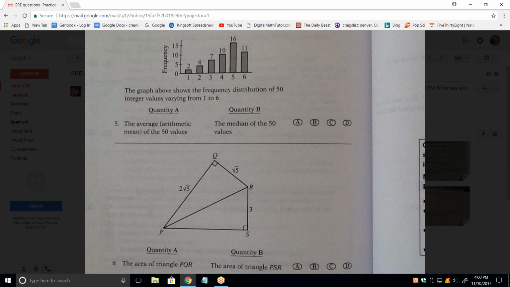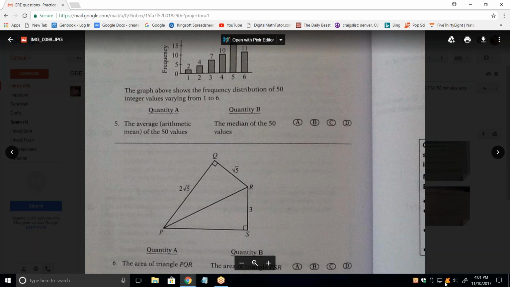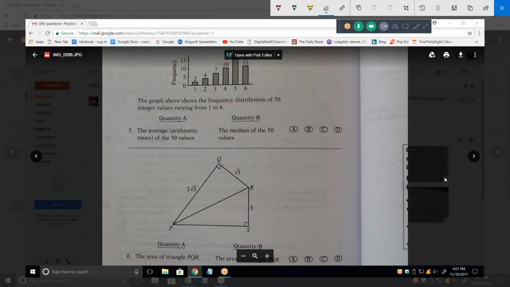Now, different story, if they said your life depends on this problem and this problem alone, then I would do all the math. I would figure out what PR is. Oh, that's the way to do it. Before I go, it didn't occur to me, we don't have to do this graphically. PR, I can figure out based on that 2 root 5 and root 5, just by applying the Pythagorean theorem.